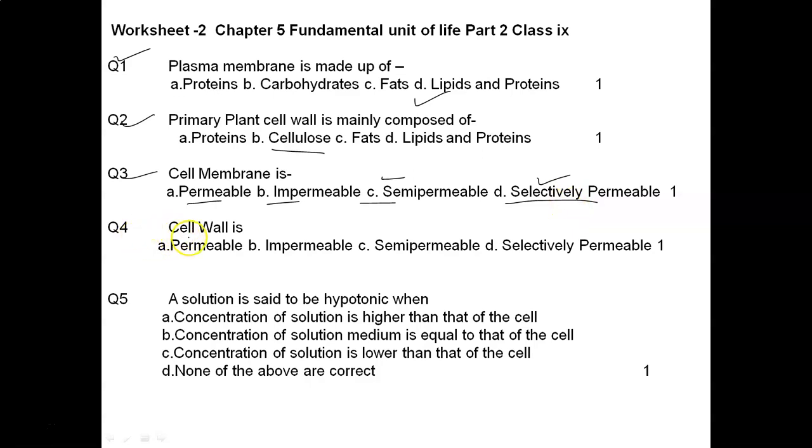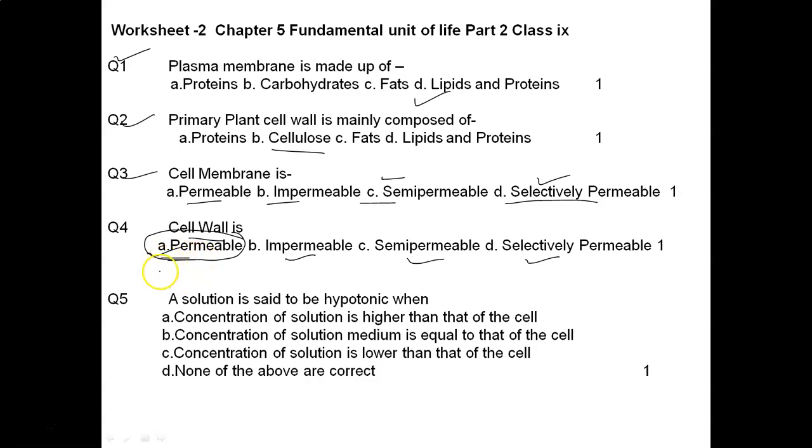Now the cell membrane is selectively permeable, and the cell wall is permeable. Cell wall is actually permeable. Primary cell wall, especially, allows all the solute and solvent to enter inside the cell, right?